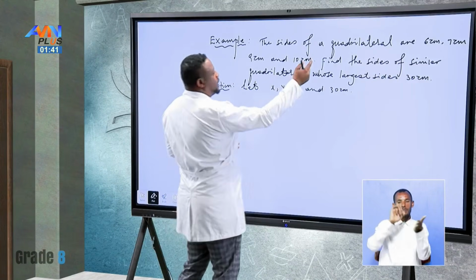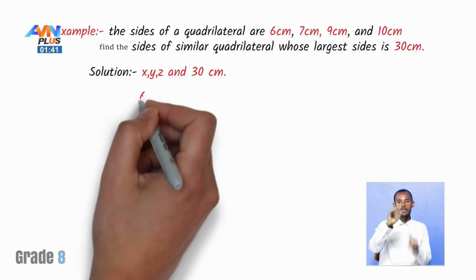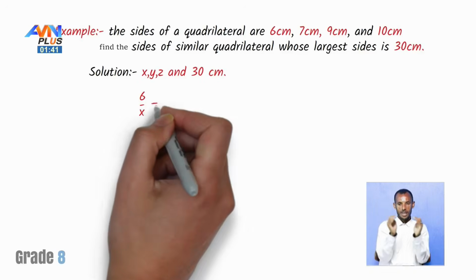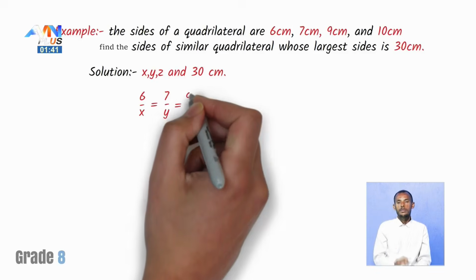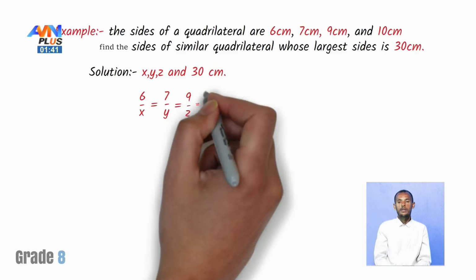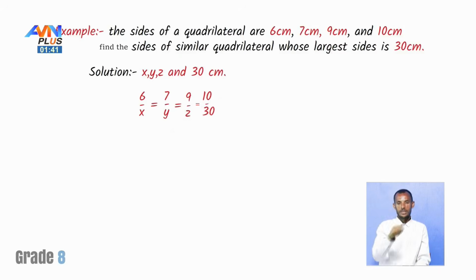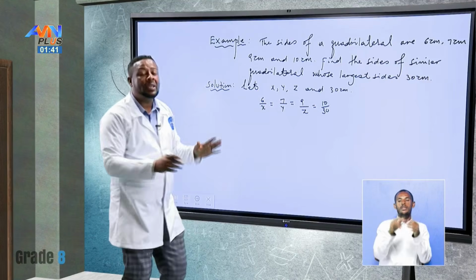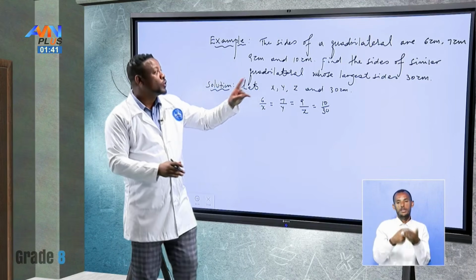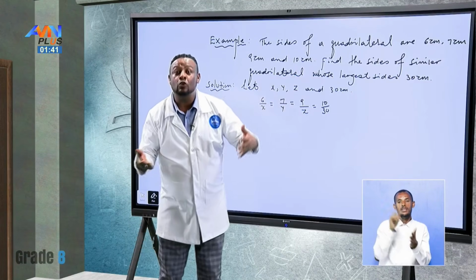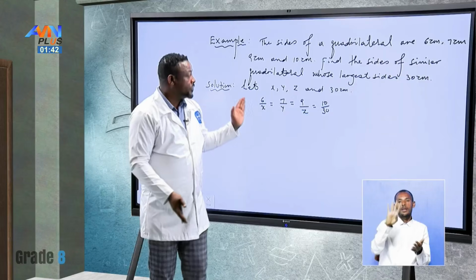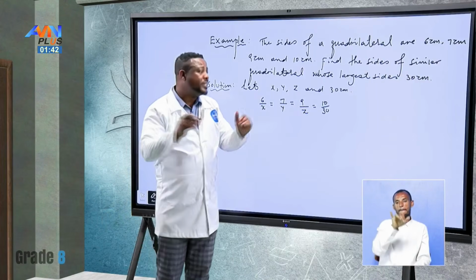That means 6 over x must be the same as 7 over y. This must be the same as 9 over z. And lastly, we have 10 over 30. These ratios must be the same. Otherwise, you cannot say the two quadrilaterals are similar. Since it says the two quadrilaterals are similar, these ratios are the same. That is the first thing that you need to do.